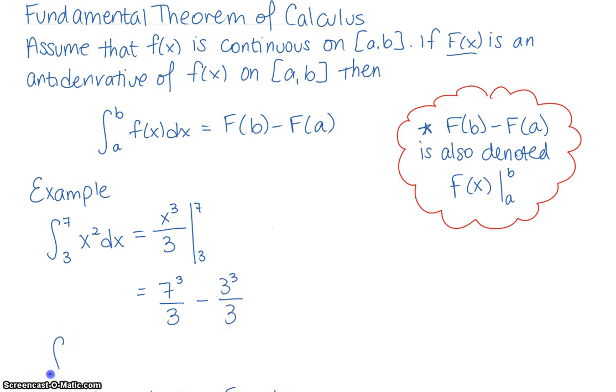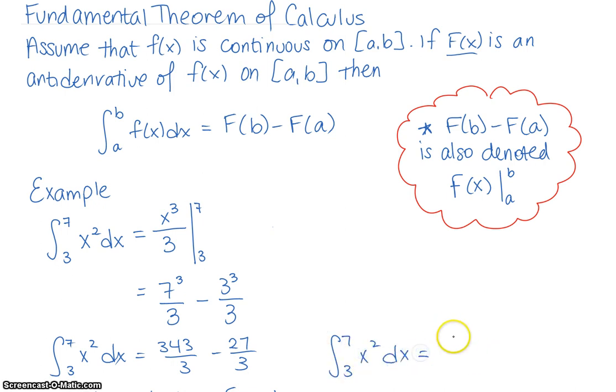So the integral from 3 to 7 of x squared dx is going to equal, now 7 cubed is 343, all over 3 minus 27 all over 3. So the area under that curve is 316 over 3.